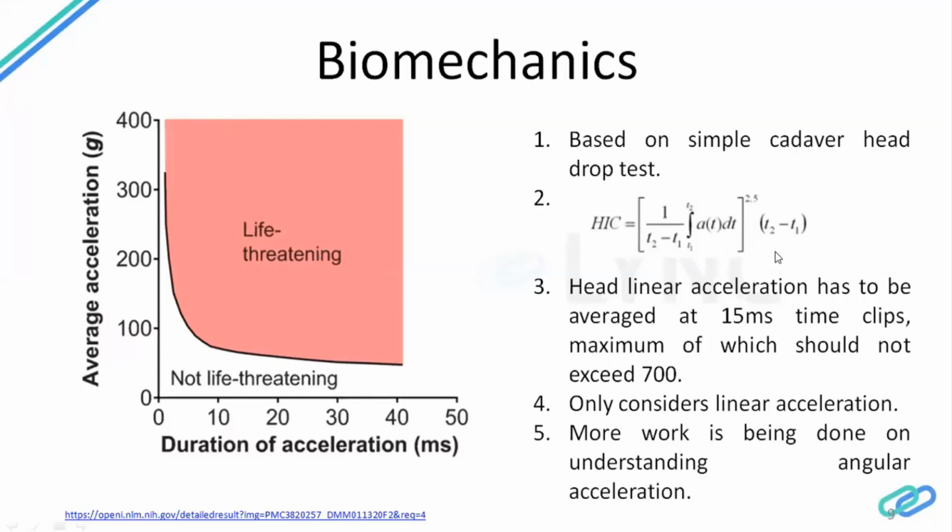And how exactly did they come up with it? You see here, this is basically an integration from T1 to T2 of acceleration, and here you see the power is 2.5. How they came up with 2.5 is basically nothing but the power of this curve. This curve is a parabolic curve, so y is equal to ax square, but instead of square, it is basically 2.5.